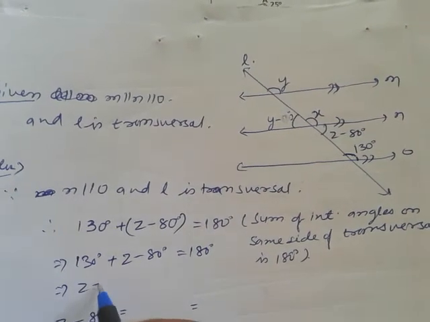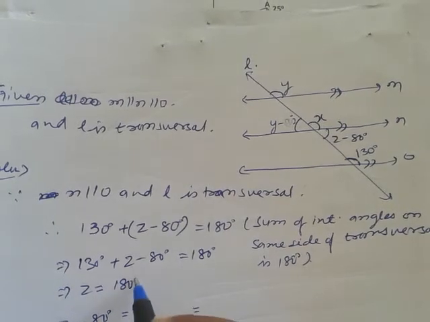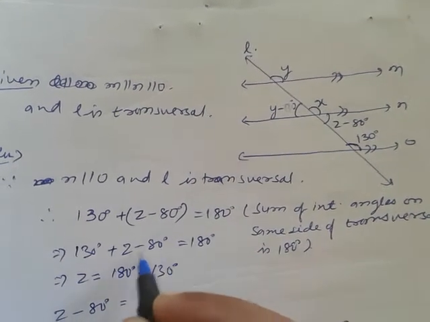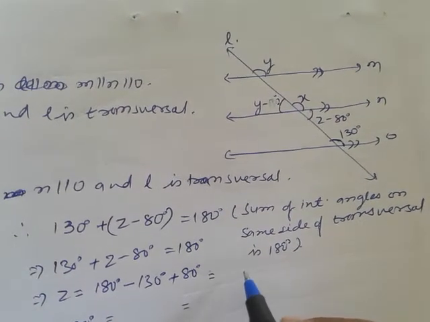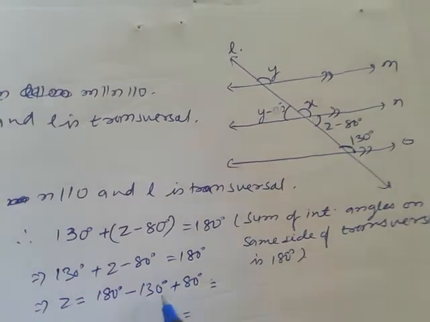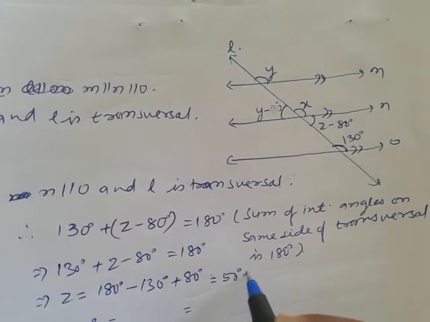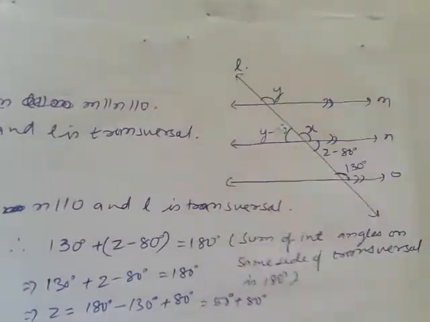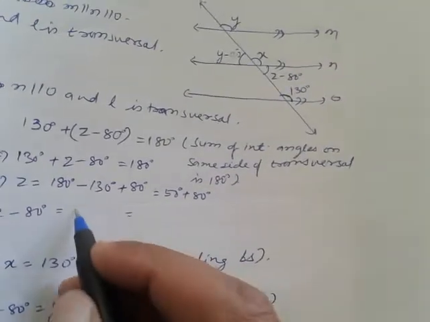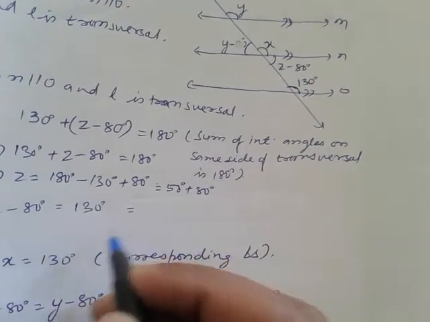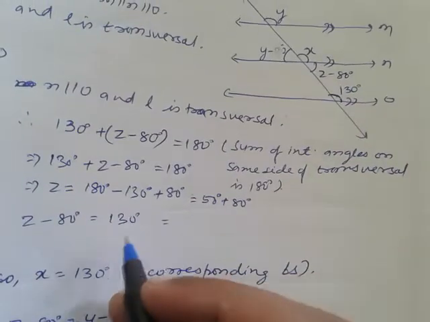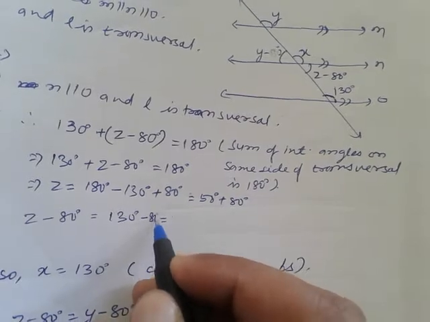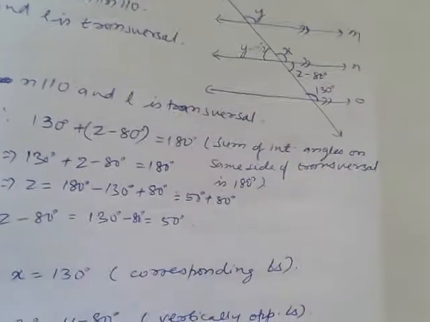So z equals 180 minus 130, and this becomes plus 80. Adding these two, you get 130. So z minus 80 is 130 minus 80, that is 50.